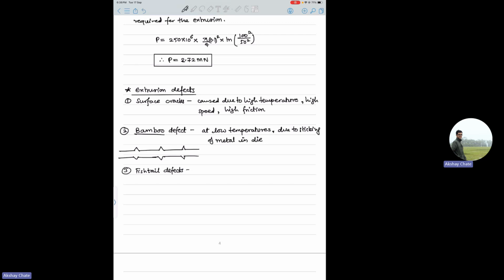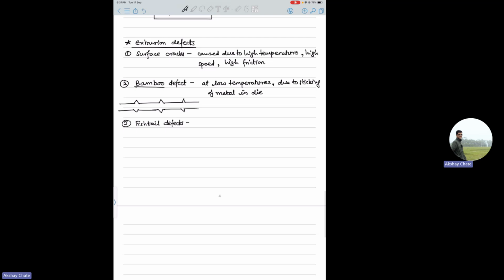I mean, it's in the name only. It's fishtail, no? So it looks like a fishtail. So when you extrude, you'll see some defects like this, because they look like the tail of the fish. It is called as fishtail defects.